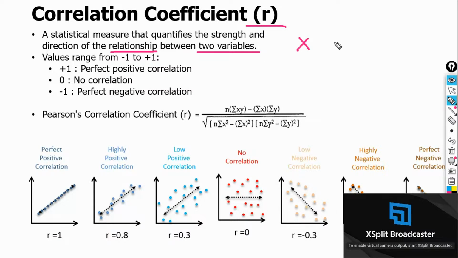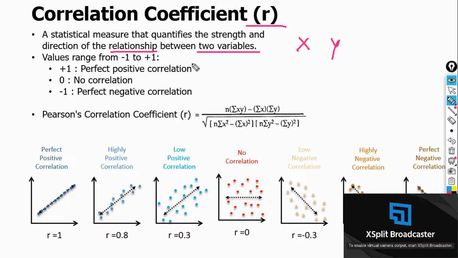If you have two variables and you want to understand the relationship, you are supposed to use the correlation coefficient to understand it. I hope it's making sense.